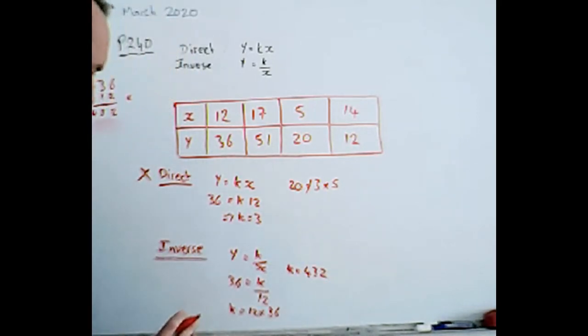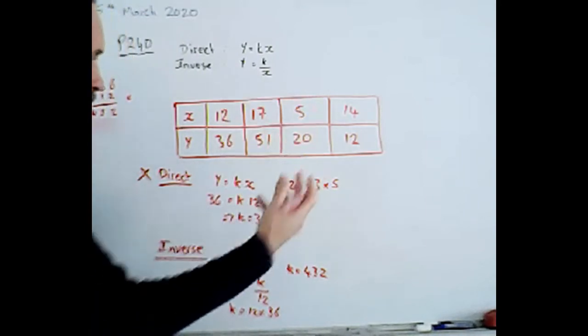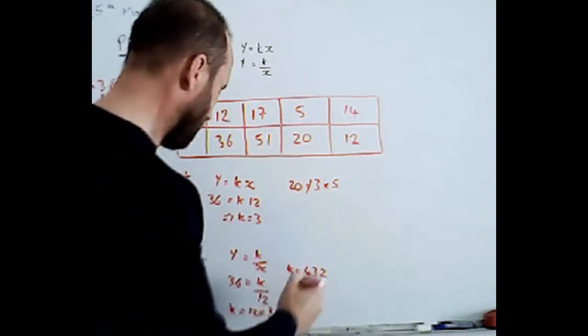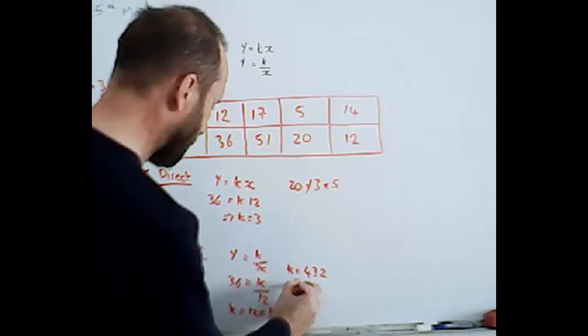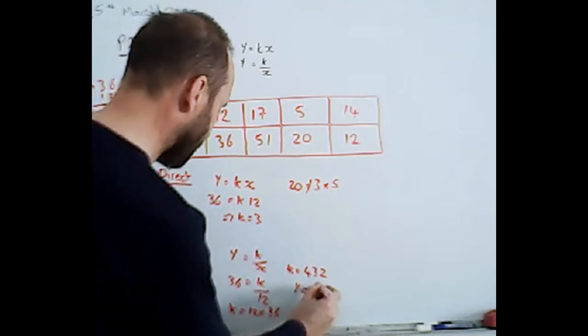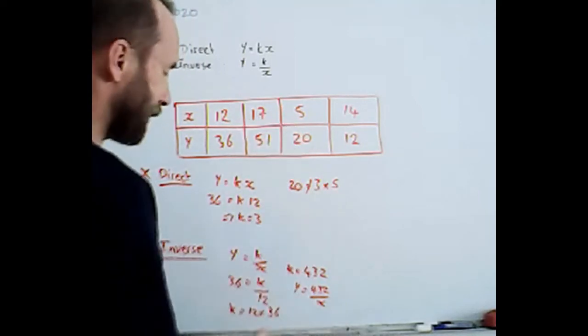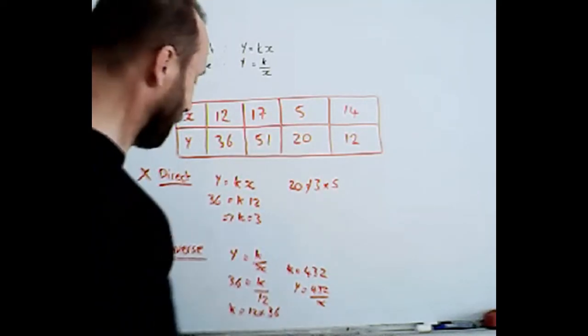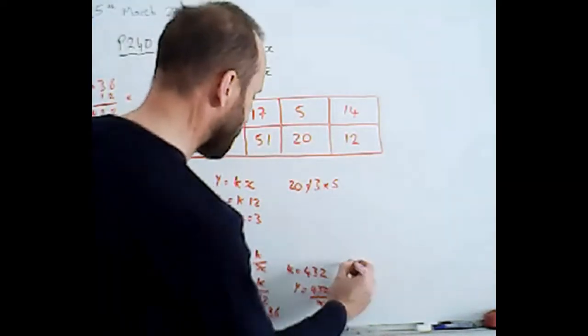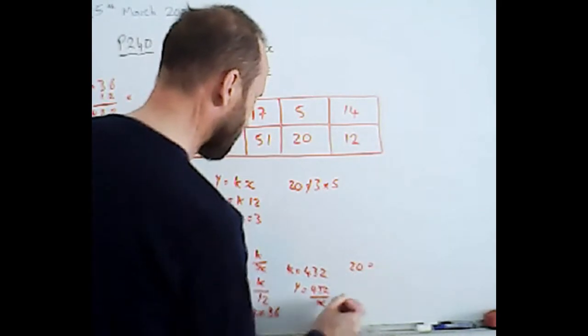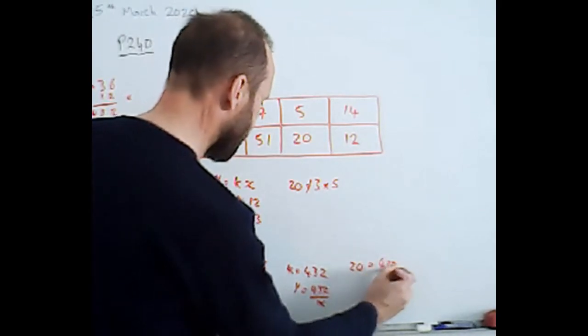So let's try with one of the other ones. The equation here would be y equals 432 divided by x. Let's try with one of the ones, and you can see straight away it's not going to work. So we got here 20 equals 432 divided by 5.